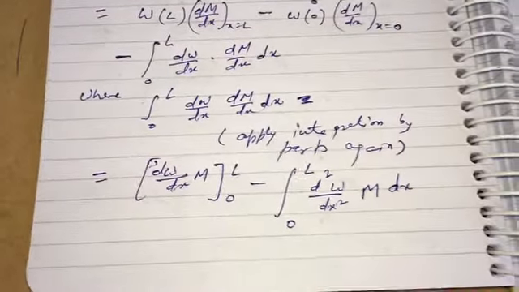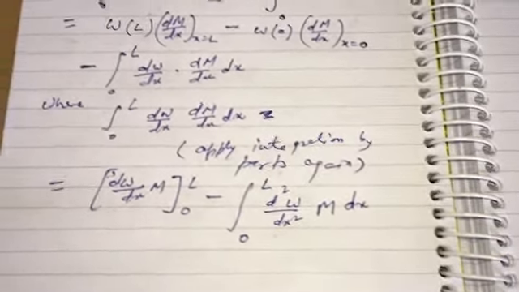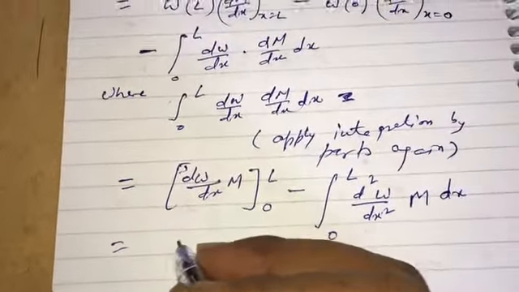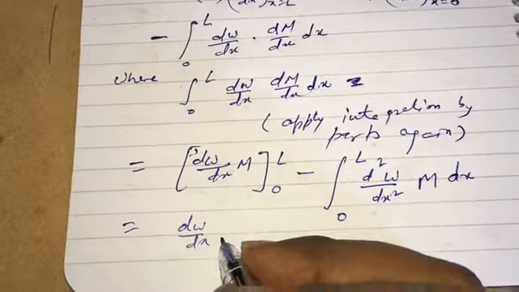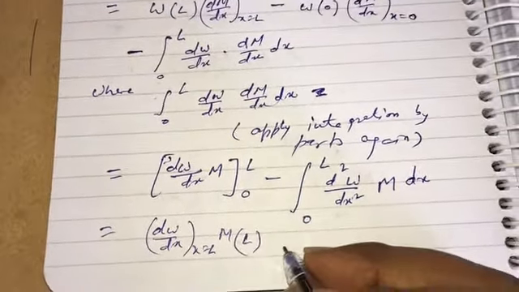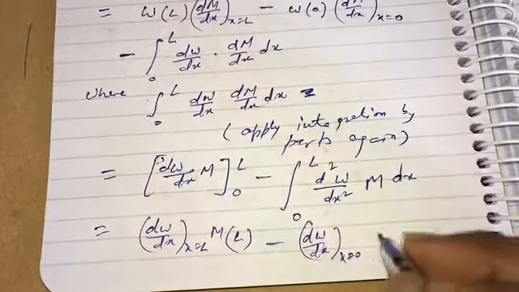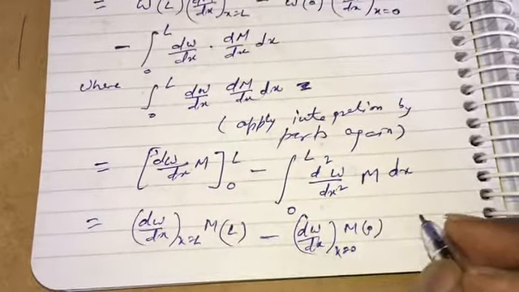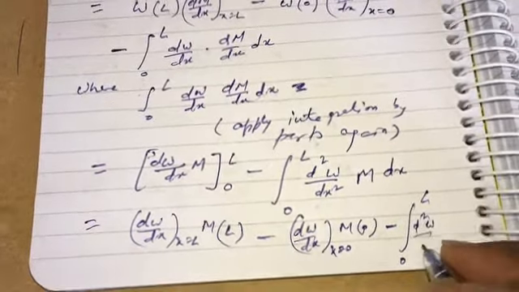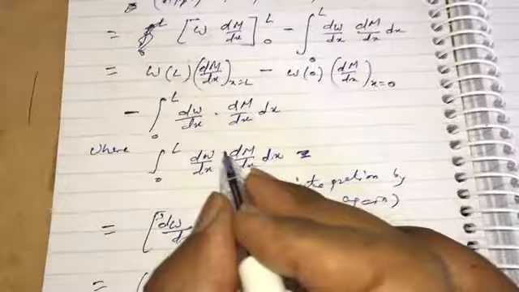Again when we expand it, this becomes dw/dx at x equal to L times M at L, minus dw/dx at x equal to 0 multiplied by M at 0, and minus the integral from 0 to L of d²w/dx² M dx. So this value is for this one.